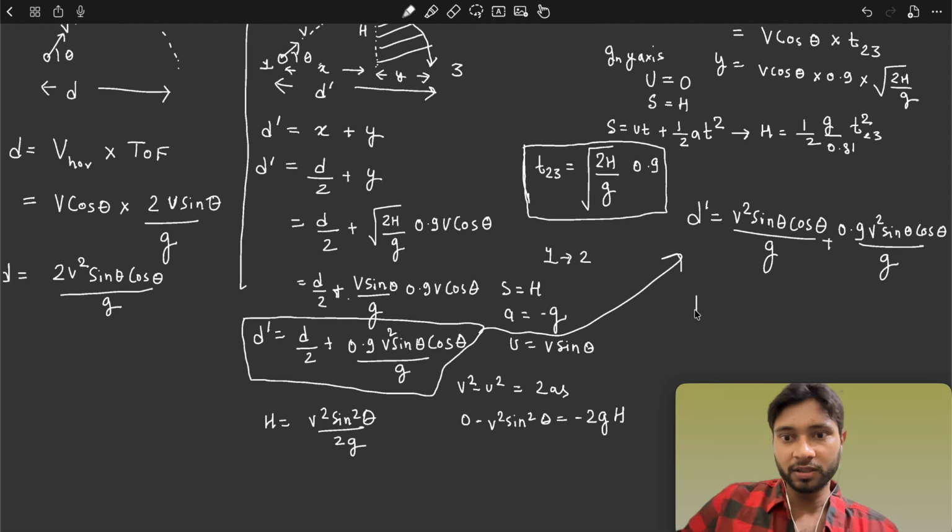Which is nothing but d dash equals 1.9 v square sin theta cos theta by g.